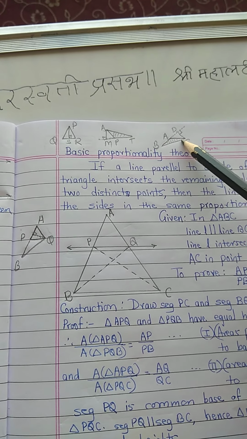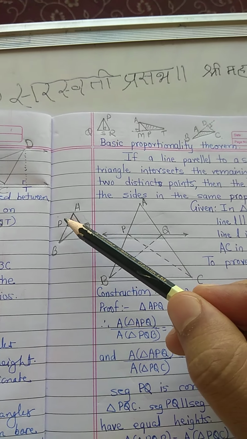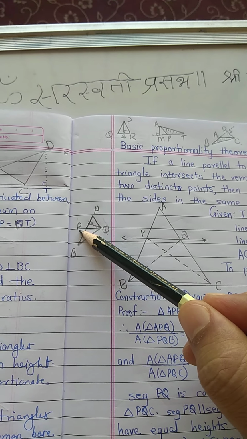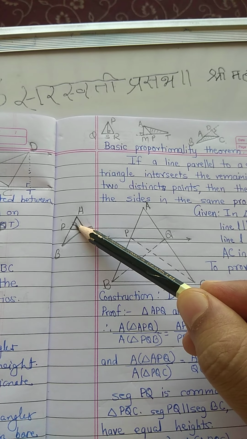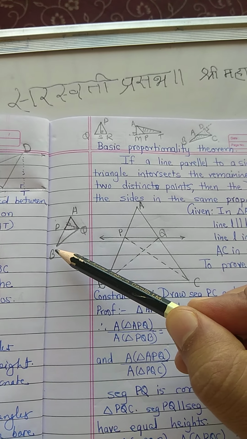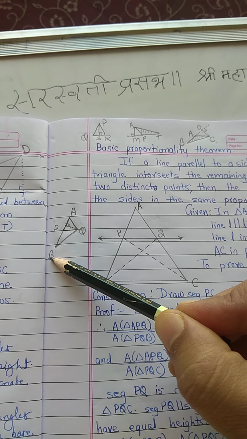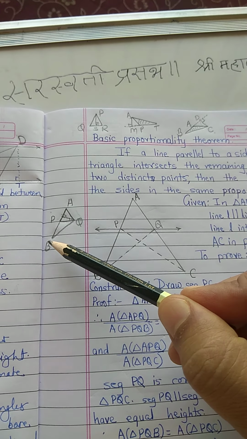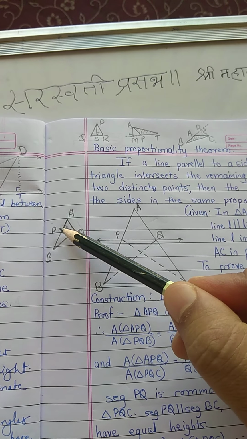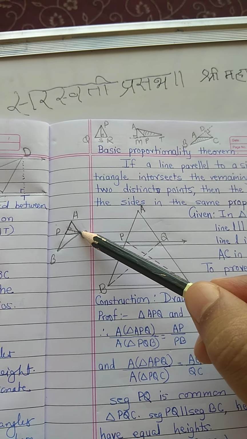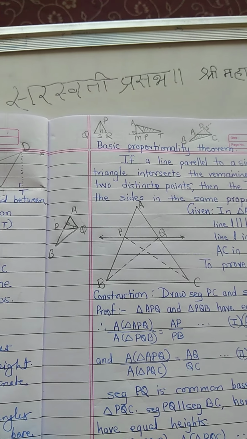If AB is the base, then this CD is the height. Similarly, if PB is the base here, then the altitude should be drawn from this point Q, which is a perpendicular on the extended segment BP. We have to extend BP and draw a perpendicular from point Q on segment BP.